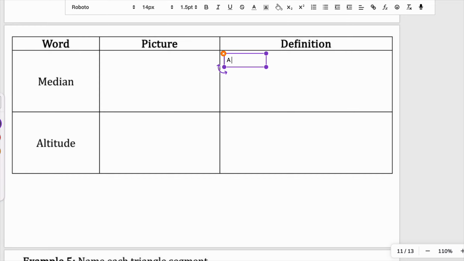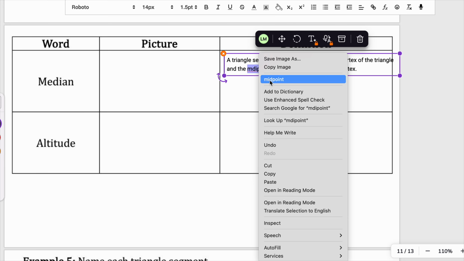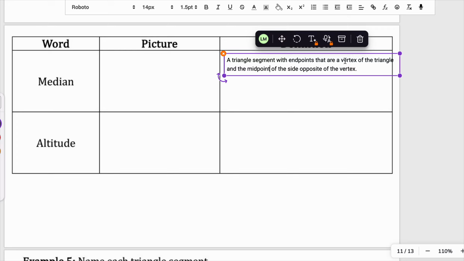So a median of a triangle is a triangle segment with endpoints that are a vertex of the triangle and the midpoint of the side opposite of the vertex. Okay. The important thing to remember here is a triangle segment with endpoints that are a vertex of the triangle and the midpoint of the side opposite of the vertex.